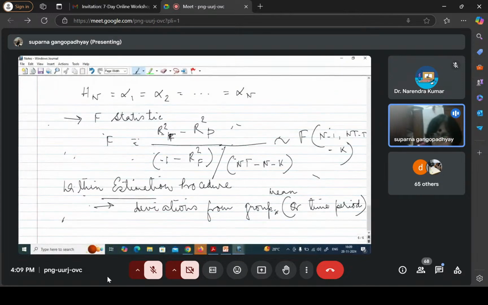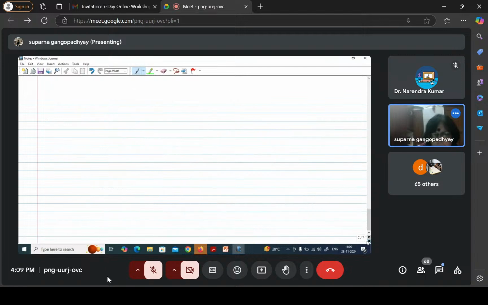If I say group means, or variation within each entity, right? So my model is a one way error component model.